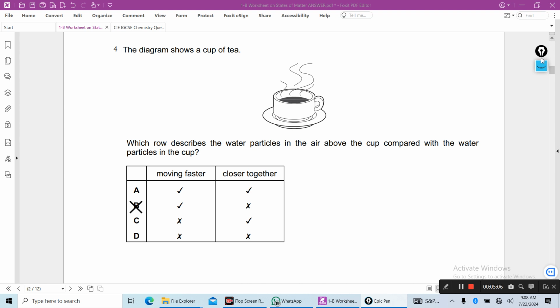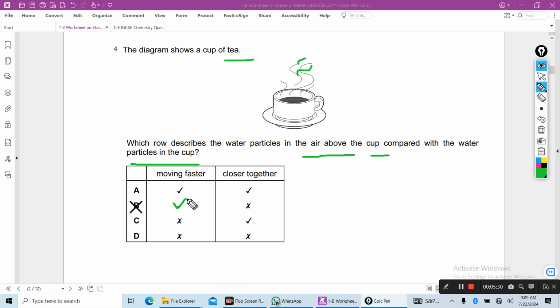Next, the diagram shows a cup of tea. Which row describes the water particles in the air above the cup compared with the water particles in the cup? Here the water particles above the cup are moving faster.